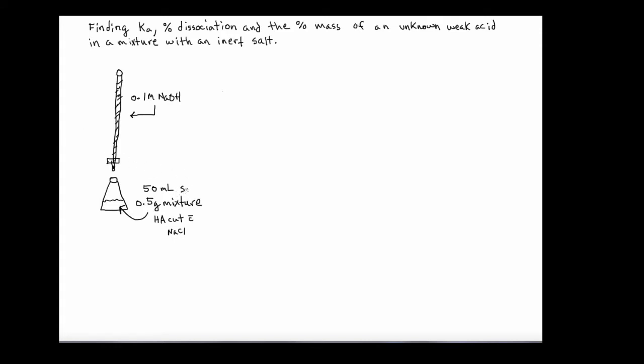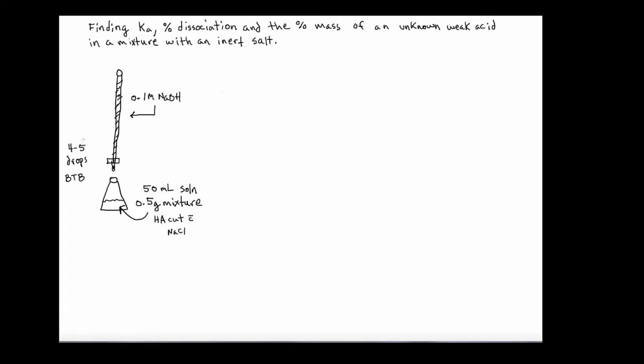You might be using a pH meter to titrate this to the equivalence point. On the other hand, you might be using an indicator. I've seen some laboratories that use 4 to 5 drops of phenolphthalein, but I've also seen labs where they've used bromthymol blue, which I'm going to abbreviate as BTB.